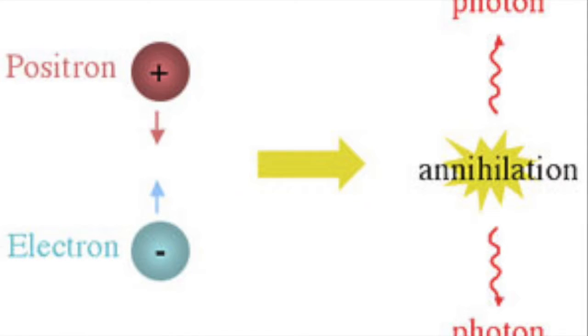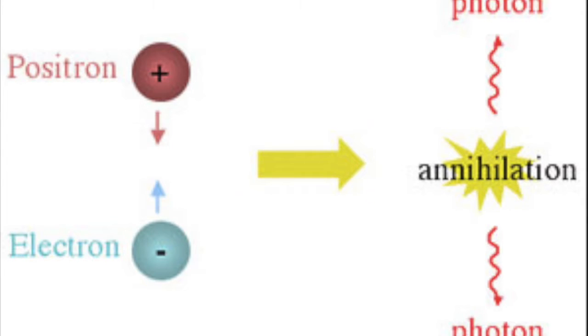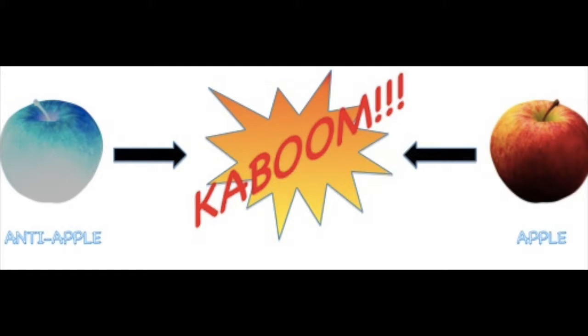But the main thing antimatter is most known for is that when it comes into contact with normal matter, they annihilate each other, and with this annihilation, a huge amount of energy is released. And we could use this energy to power our warp drive, but there is a problem with antimatter. Not that we don't know how to create it, we know how to create it, but the problem is how to contain it.